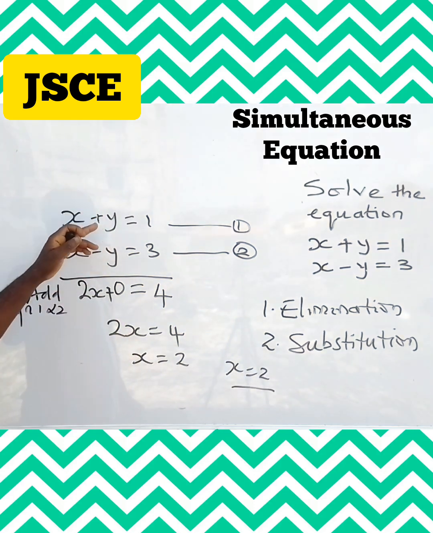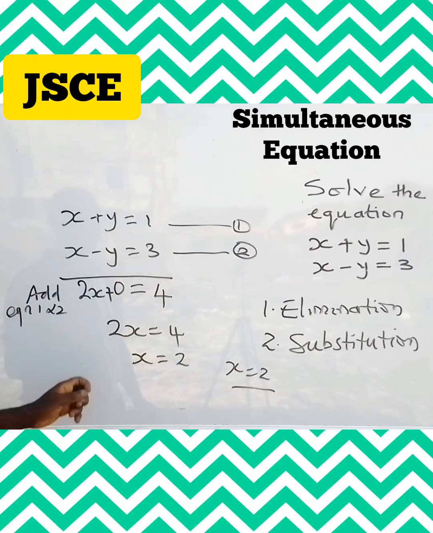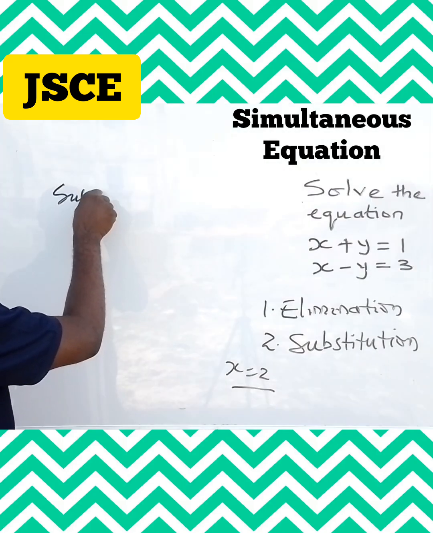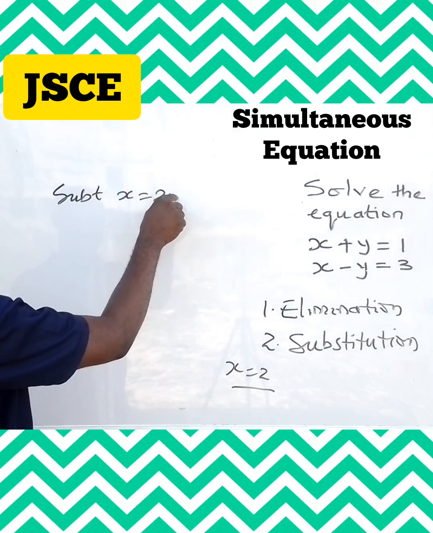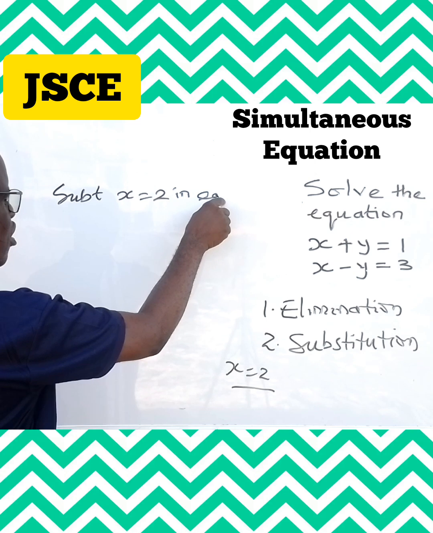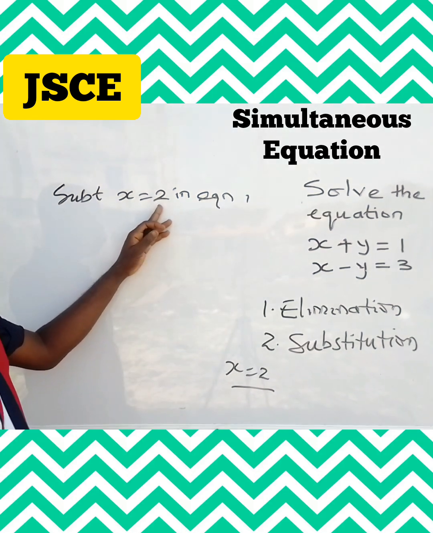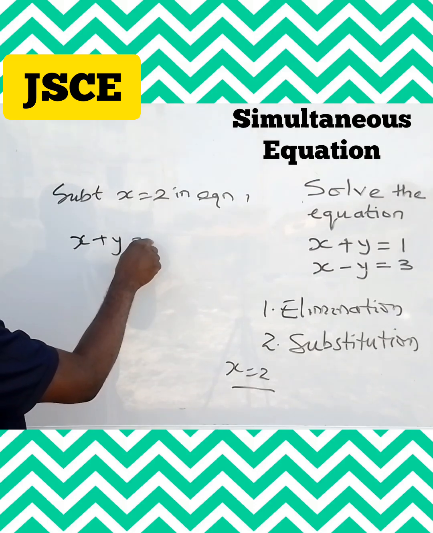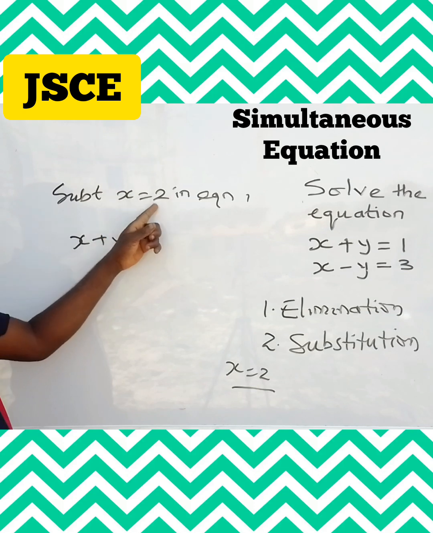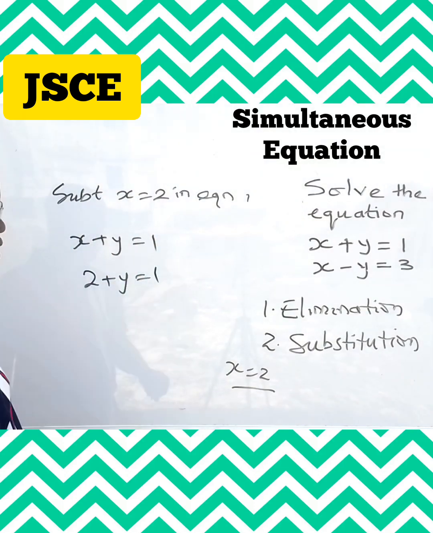Now go to any of the equations and substitute your x equal to 2 there. So you now say, okay, substitute x equal to 2 in equation 1. Equation 1 says x plus y equal to 1. So put 2 here. You have 2 plus y equal to 1.